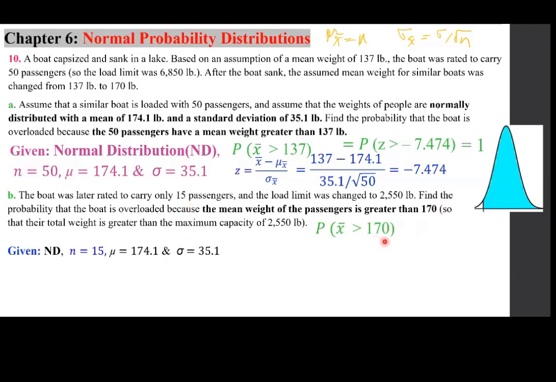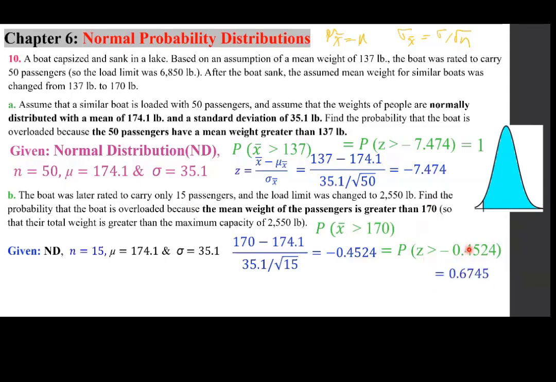We need to calculate the z-score again. Negative 0.4524. So we go from normal to standard normal. Probability of z larger than negative 0.4524. That is also huge because it's way larger than 0.5. The reason it is larger than 0.5 is because this is negative.